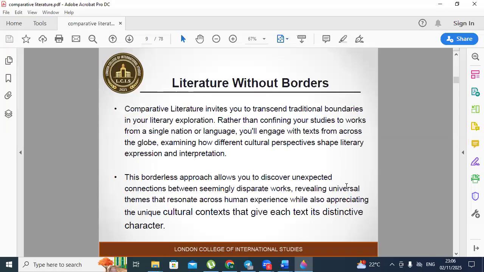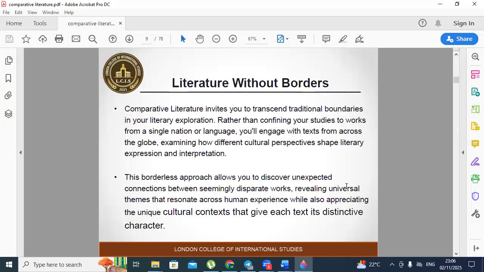Literature Without Borders. Comparative literature invites you to transcend traditional boundaries in your literary exploration rather than confining your studies to work from a single nation or language. You will engage with texts from across the globe, examining how different cultural perspectives shape literary expression and interpretation.